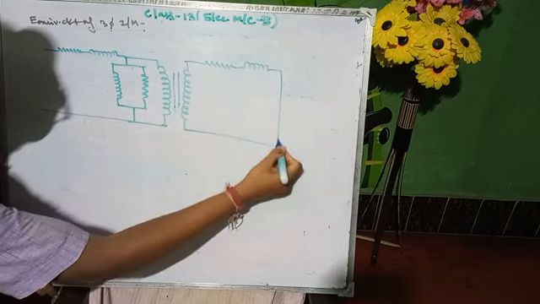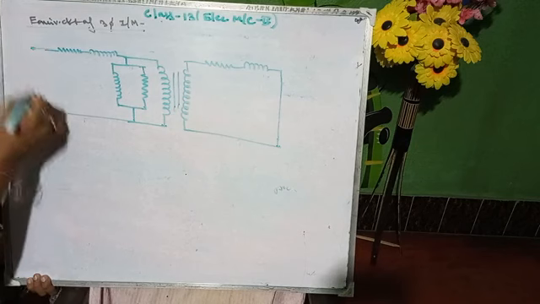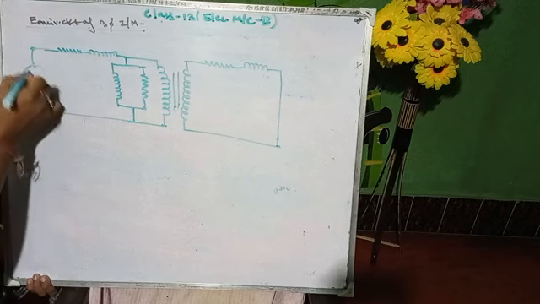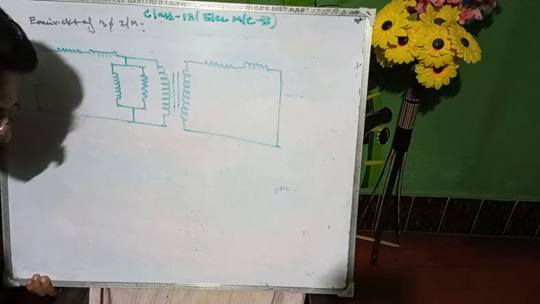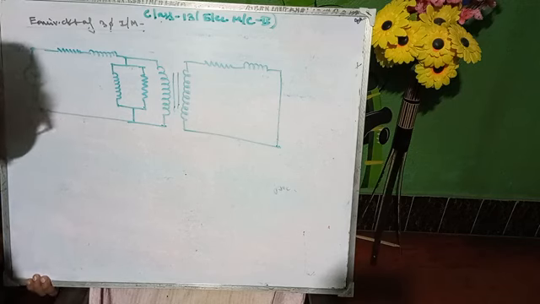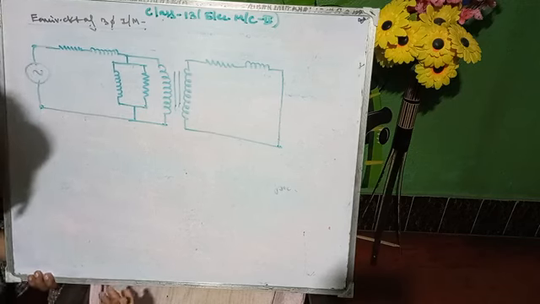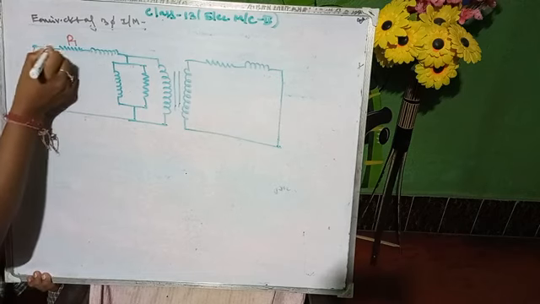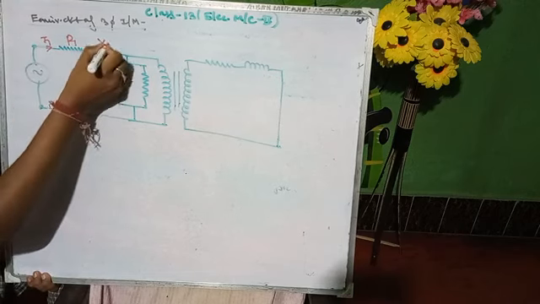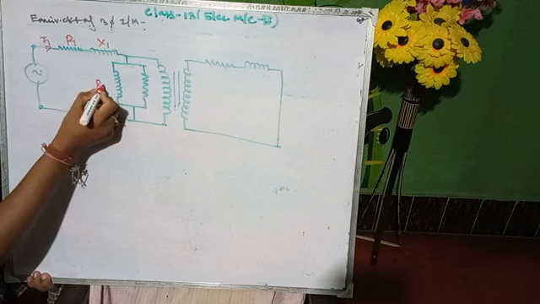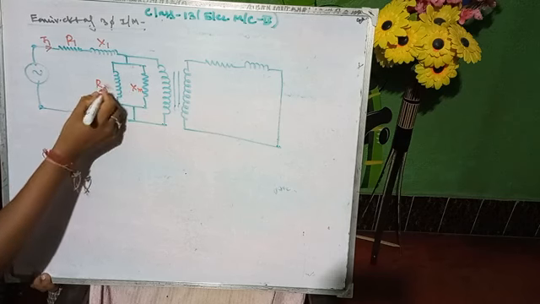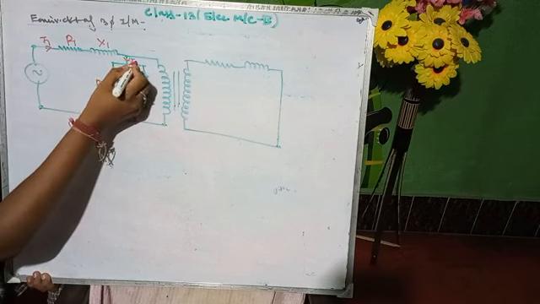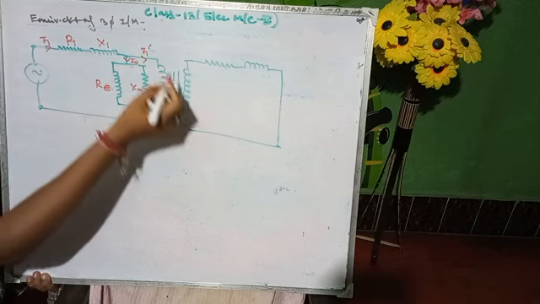And the secondary is short circuited, and it is per phase. This equivalent circuit is a per phase equivalent circuit, remember. So this is your R1, I1, X1, and this is your Rm, this is your Xm or Re, you can say, and this is your I naught, and this is your I1 dash.